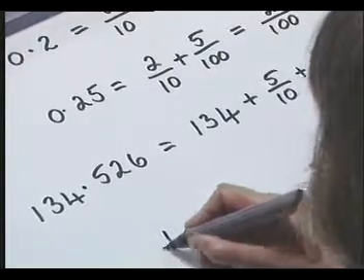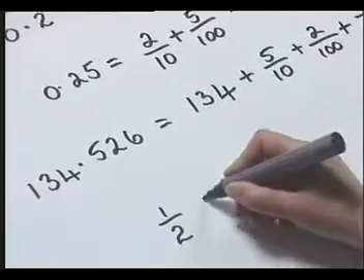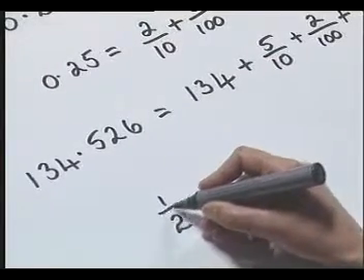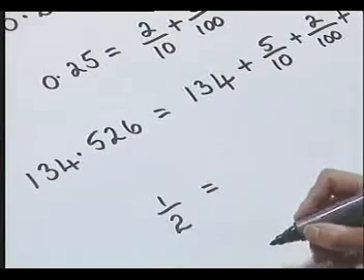That was changing a decimal into a fraction. How about going the other way? How about turning a fraction into a decimal? Well, let's have a look at some examples. A half. This means we've got 1 whole, divided up into 2 pieces.